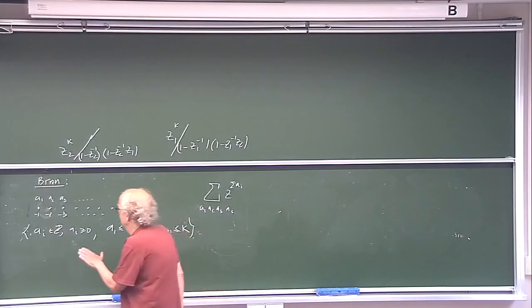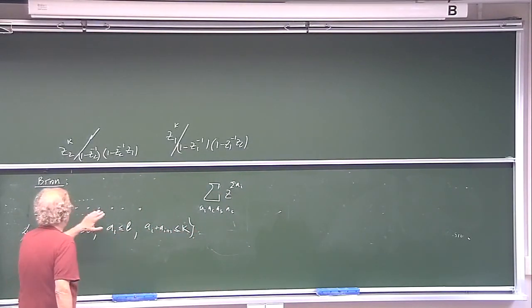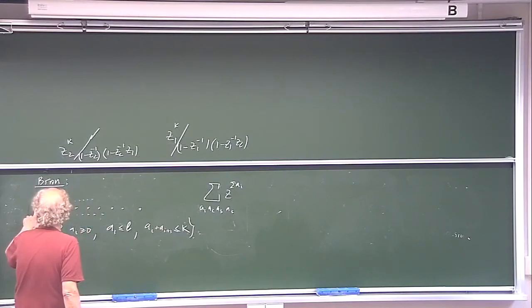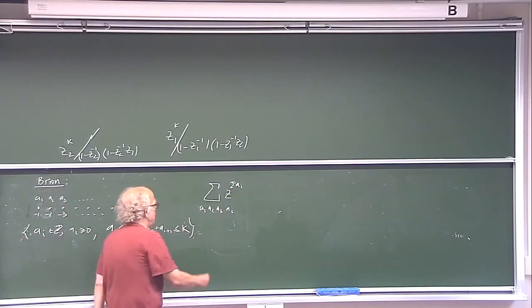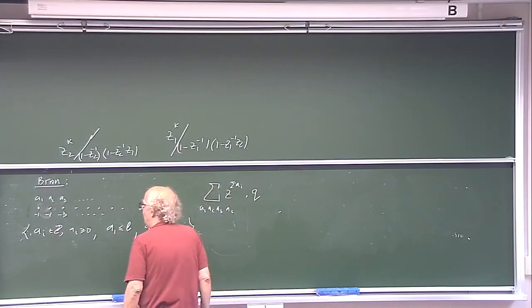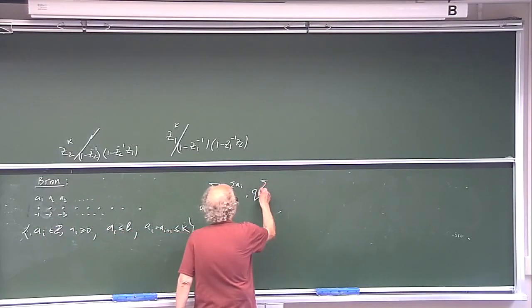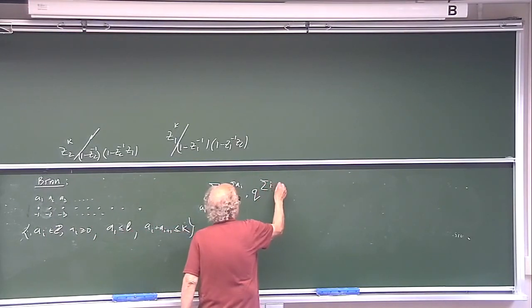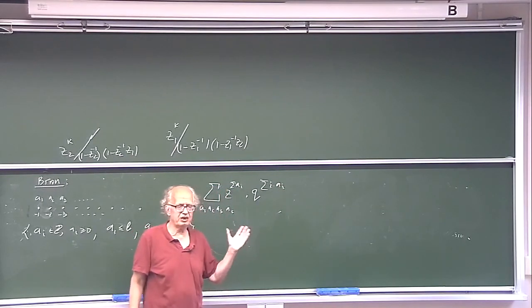It means that I can think that I put particles on this line: I put A1 particles here, A2 particles here, A3 particles here, and this is just the number of them. Also I have Q, and I count the A with weights: the sum of i times A_i. And this is precisely what I want to count now.